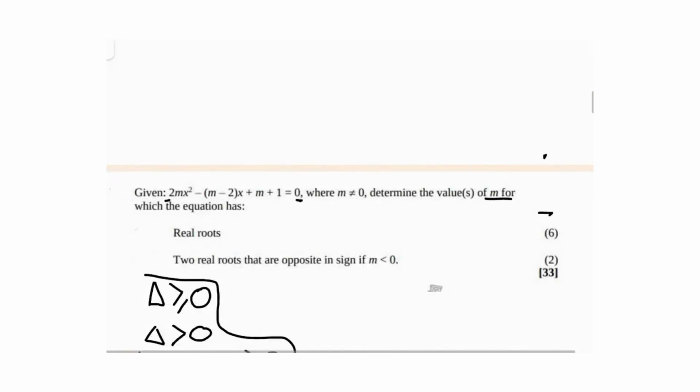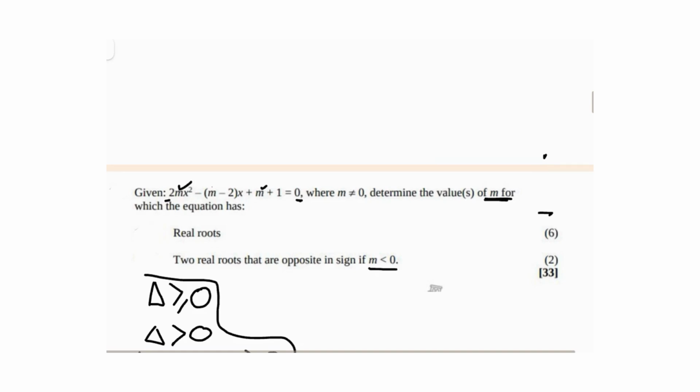Okay, so the next question we have is, we have to determine the value or values of m for which the equation has two real roots that are opposite in sign, if m is less than 0. Okay, so firstly, let us see, what do they mean when they say if m is less than 0? It means this m there will be a negative value.